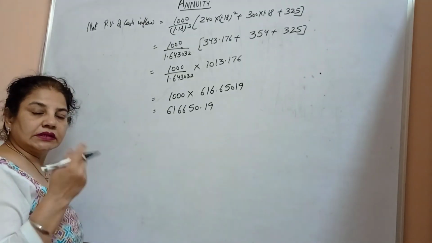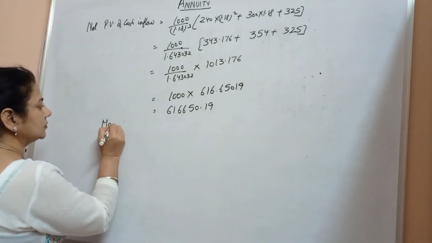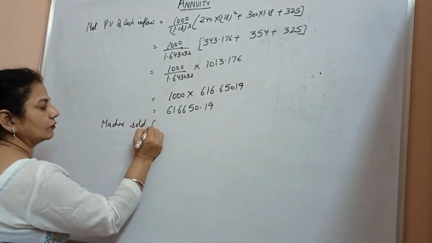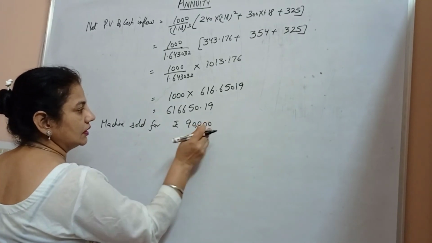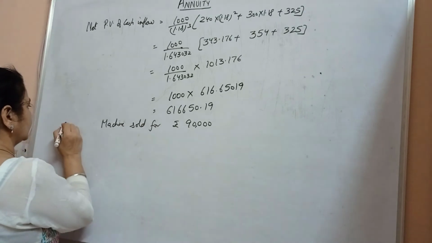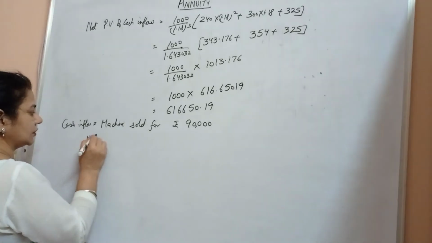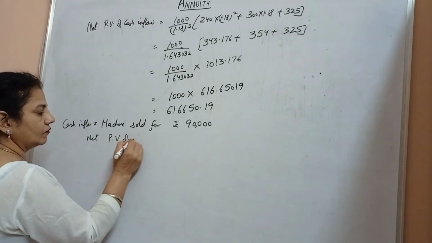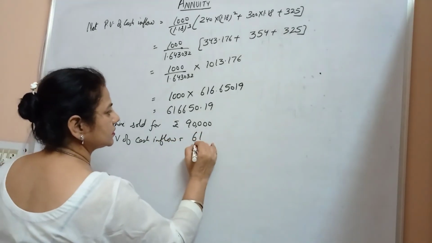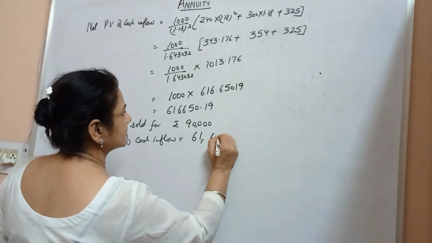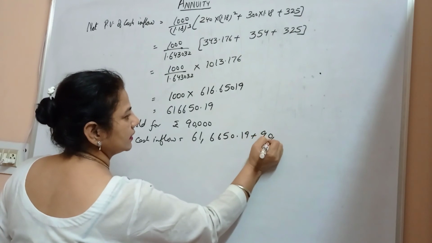And we know that after 3 years, the machine is being sold for rupees 90,000. This is also a kind of cash inflow. So the net present value of cash inflow is equal to 6,16,650.19 plus 90,000.